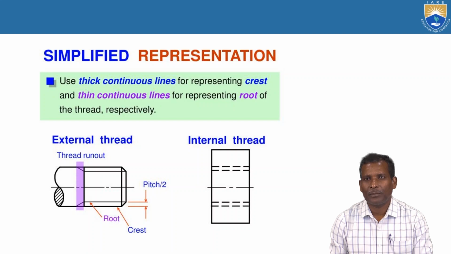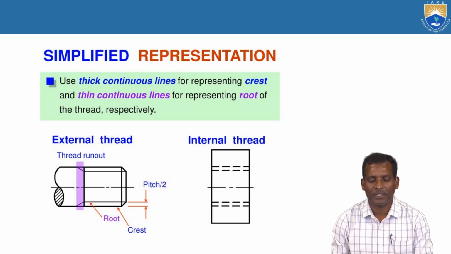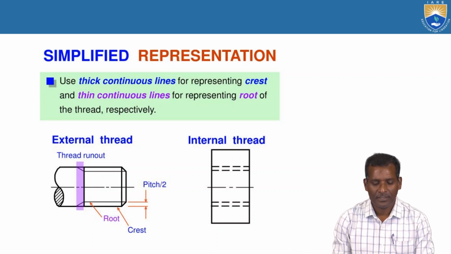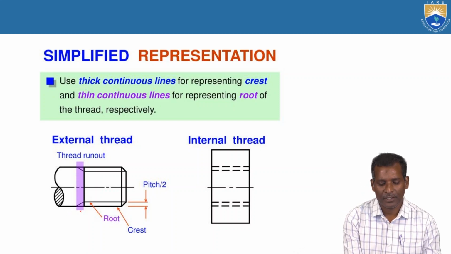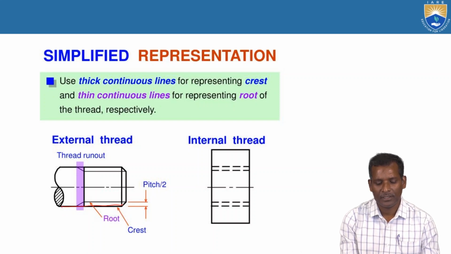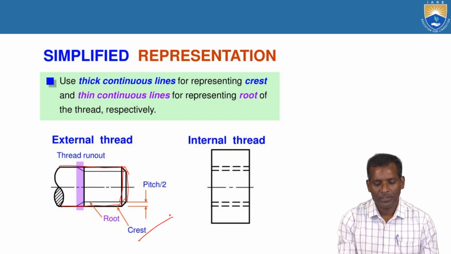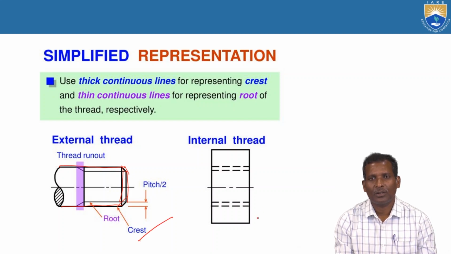Next, simplified representation. In simplified representation, use thick continuous lines for representing the crest. See in this diagram the thick continuous lines, here also thick continuous. These represent the crest, the topmost portion of the thread.